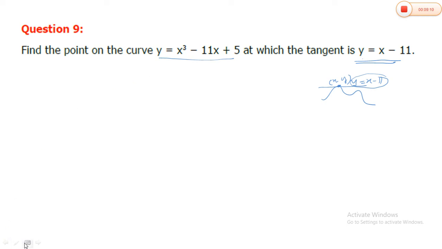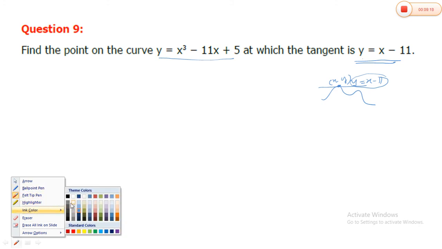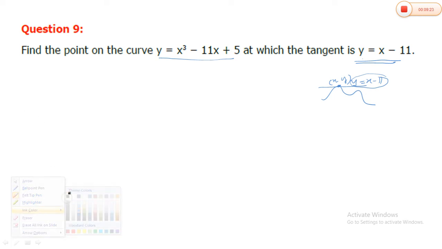First write the given function y equal to x cube minus 11x plus 5.